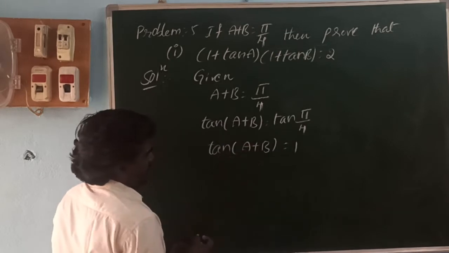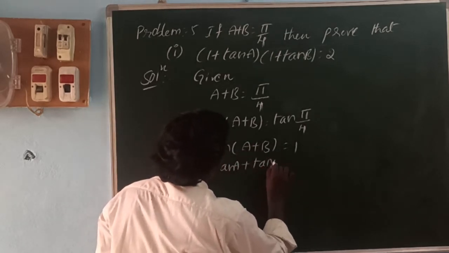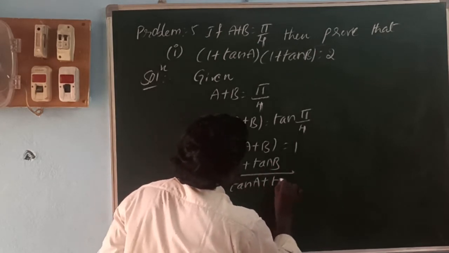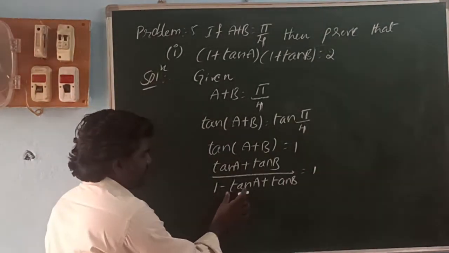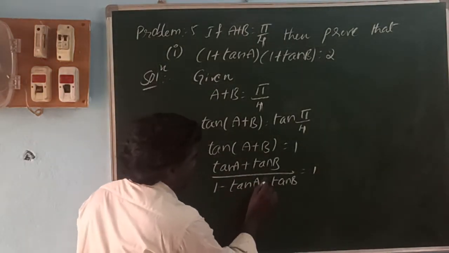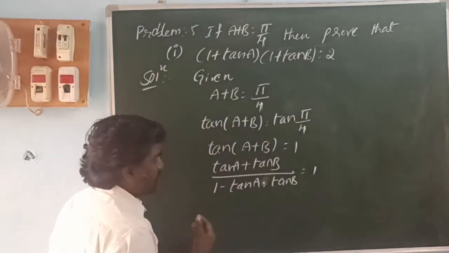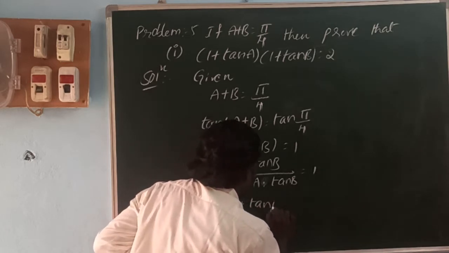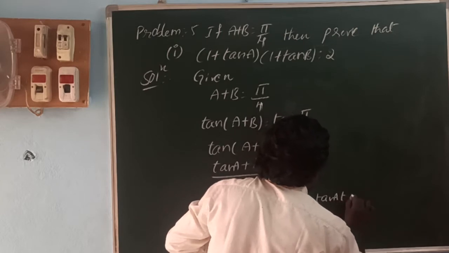So tan of (a plus b), what is the formula? Tan of (a plus b) is tan a plus tan b by 1 minus tan a tan b, is equal to 1. Here the denominator goes to the right side, what happens? Multiply. That is tan a plus tan b is equal to 1 of (1 minus tan a into tan b).